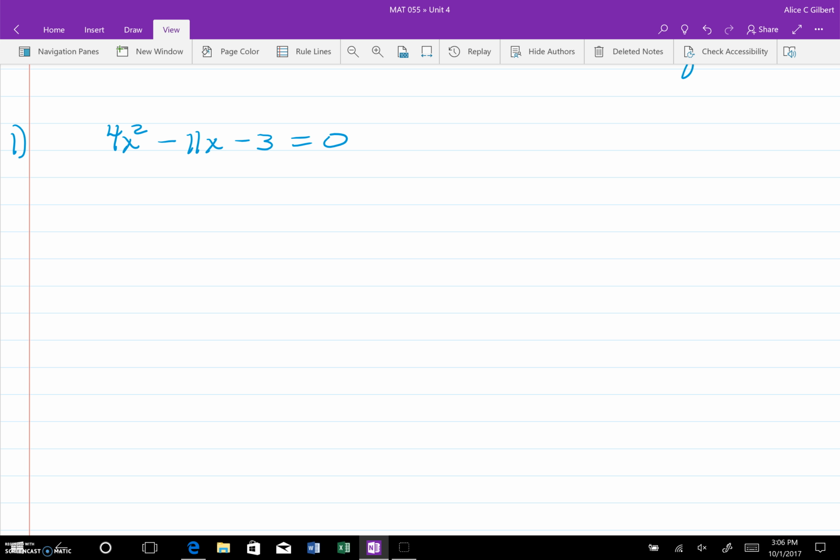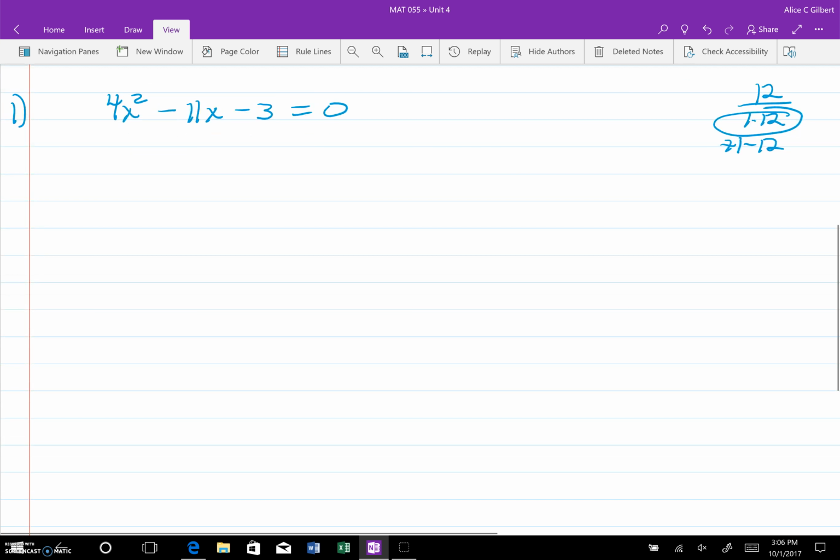And in this case, actually, I could factor this one because 4 times 3 is 12. 1 and 12, if I made it a positive 1 and a negative 12, when I add those two together, I get negative 11. Positive times a negative is a negative. So I could factor this one, which is normally what we would want to do, but I'm trying to show you the quadratic formula. So let's look at this.